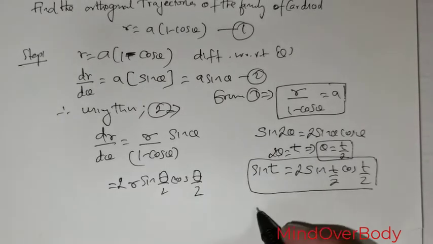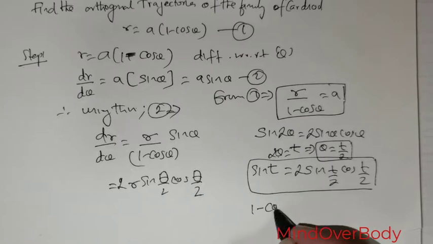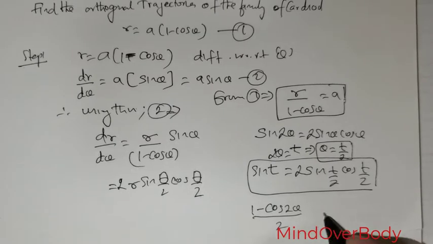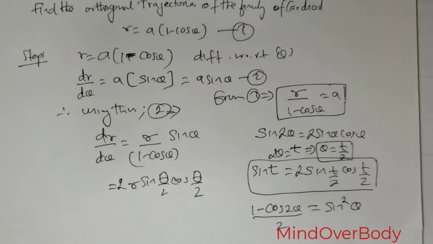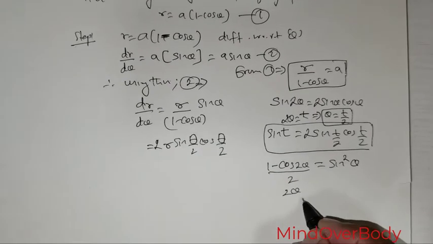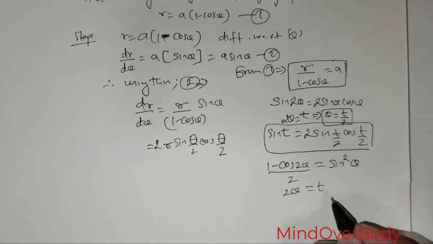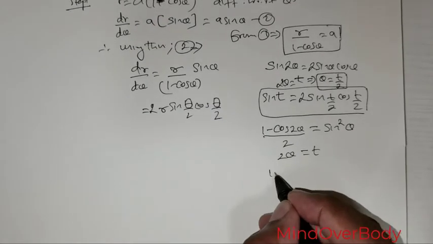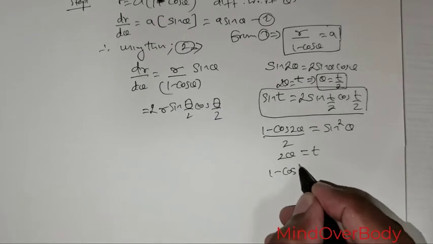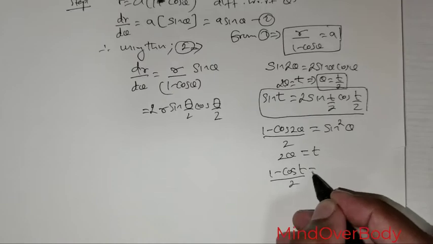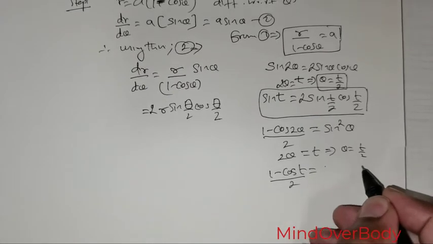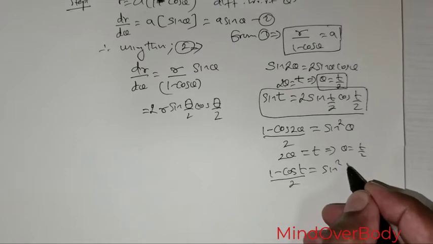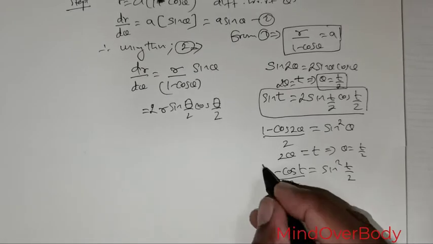So that's fine. Now there is another formula. What is the formula? (1 - cos 2 theta) divided by 2 is equal to sin squared theta. So this is the formula. Now if 2 theta is equal to t, I can rewrite this as (1 - cos t) divided by 2 is equal to, this would mean theta is equal to t over 2, so this is going to be sin squared of t over 2.